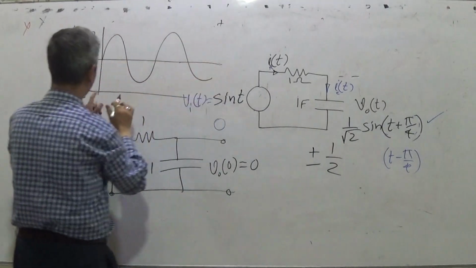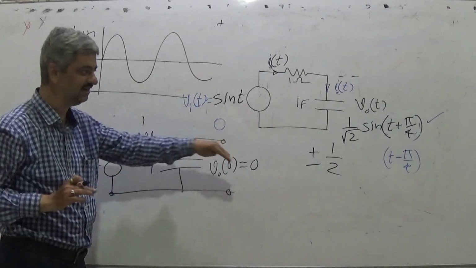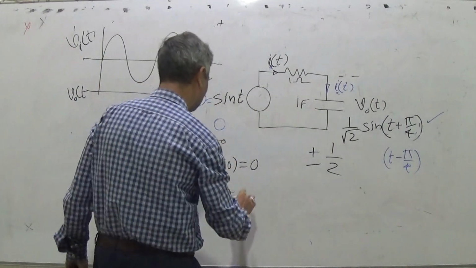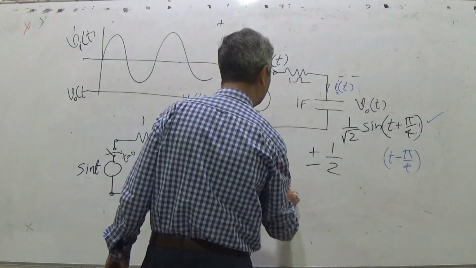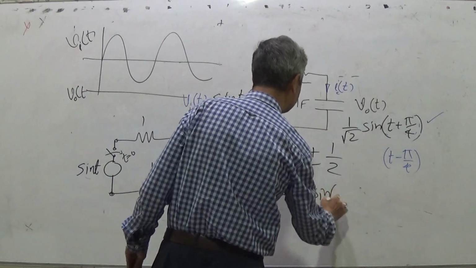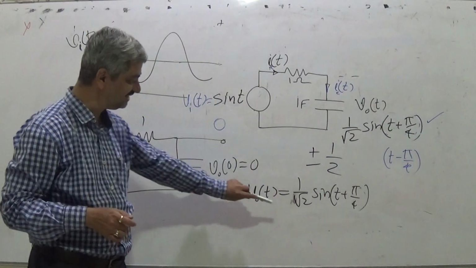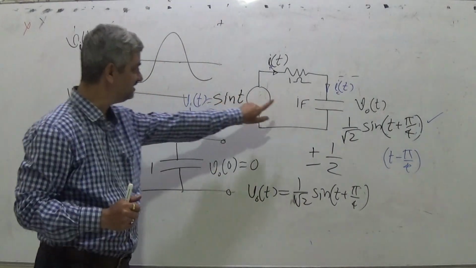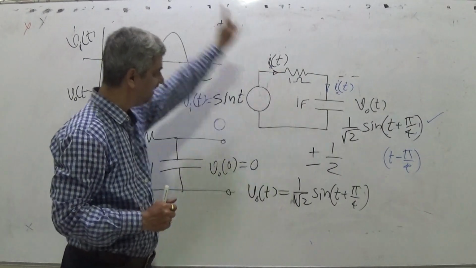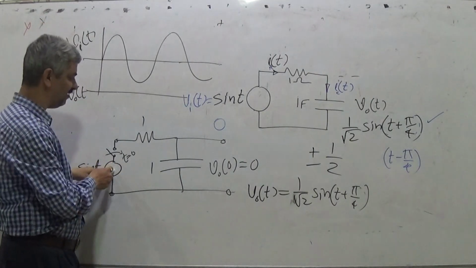If you plot the graph, in the initial part the graph will be different, and afterwards the graph will go to V out equals 1 upon root 2 sin(t plus pi by 4). So this is called a steady state. This circuit is assumed as if it has started right at the beginning of the world, whereas this circuit you are starting now.